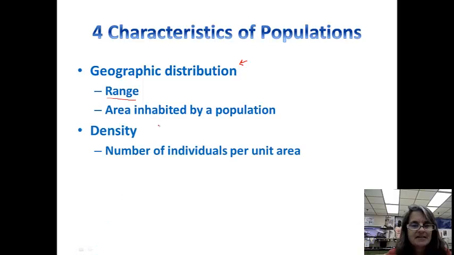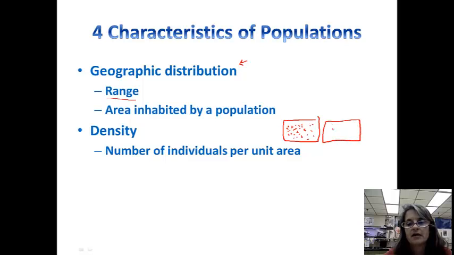Okay? Density. How many of these individuals are in a given area? So if a population is very dense, we may have a lot of sea urchins, for example, in a given area of the kelp forest, or we may have a very low density population where there's not so many. Okay, so that's an important thing to consider.